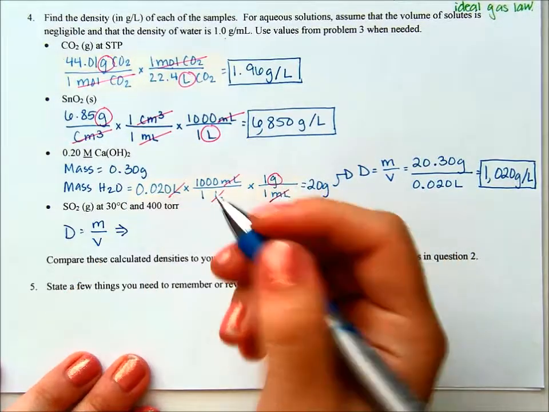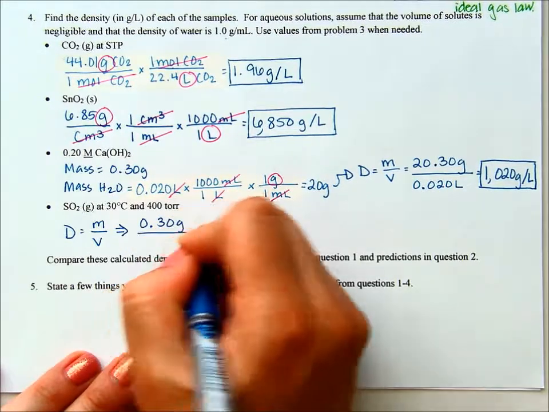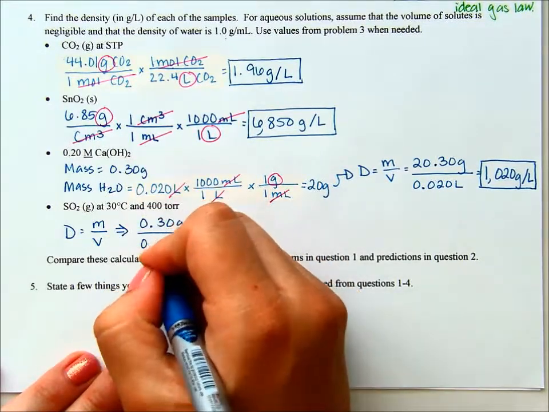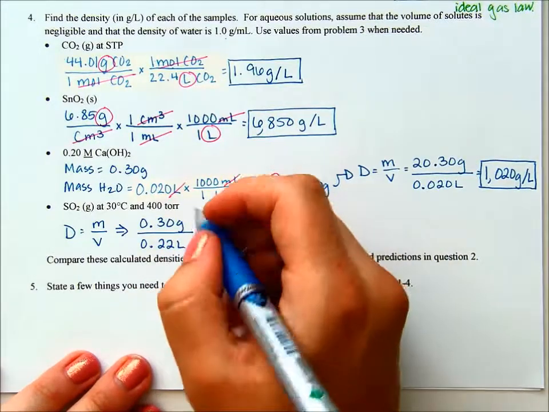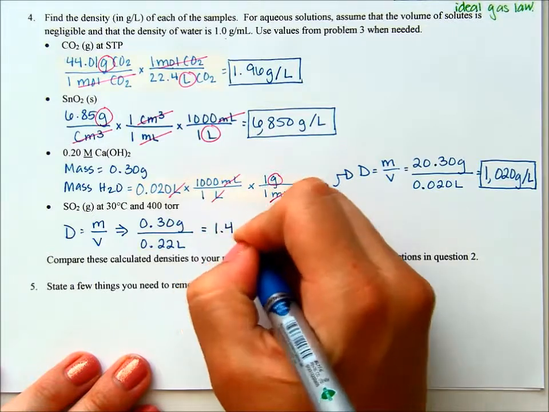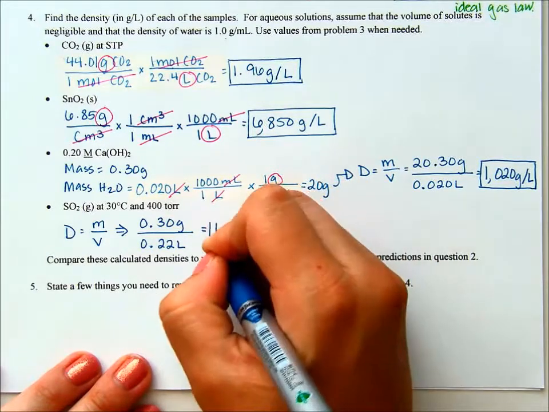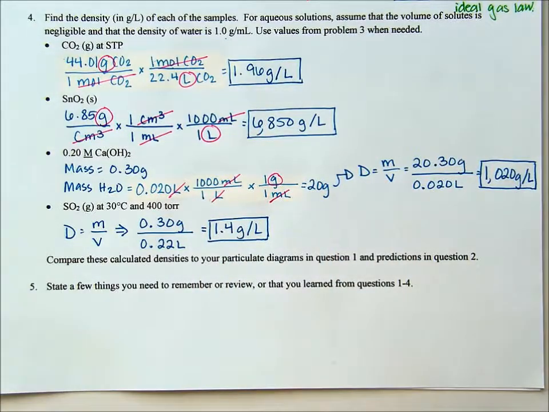So this one's turning out to be quite simple, 0.30 grams and 0.22 liters. So that's grams per liter, no cancellations needed here. When you plug this in, 1.4 grams per liter is your answer.